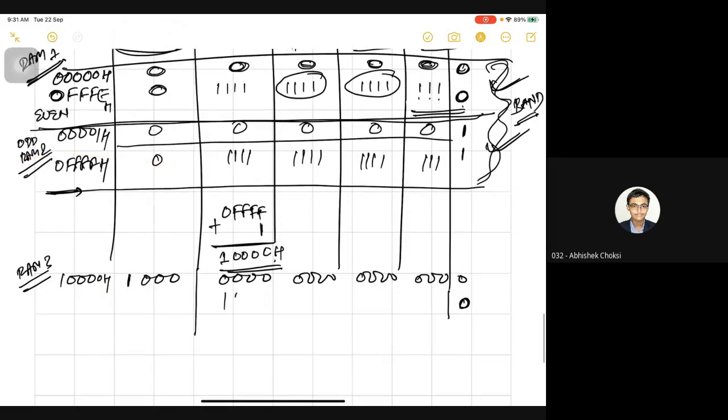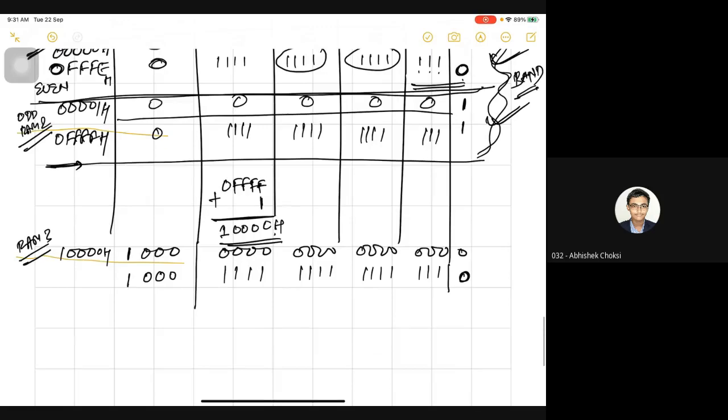So 1111 1111 1111 111, and this last bit will remain as it is, 0. No change. Now what will be the address of this? First is 1, this is F, this is F, this is F, and this is E. So this is my ending address. This is the starting address and ending address of my RAM 3.